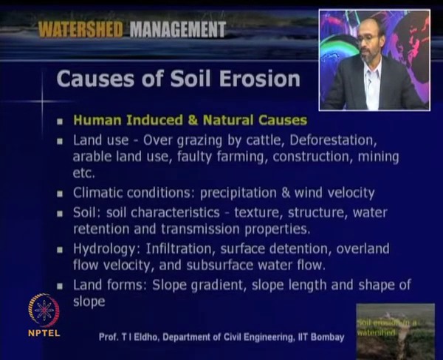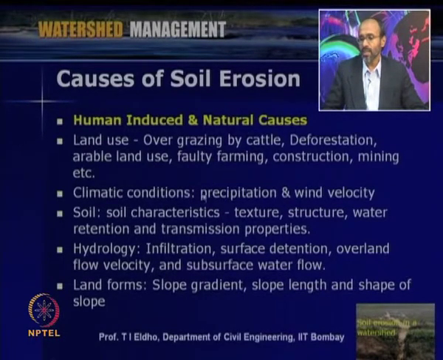Some of the important characteristics affecting soil erosion are the texture of the soil, the structure of the soil, and water retention and transmission properties. Then the hydrology of the locality of the watershed, like how much is the infiltration, surface detention, overland flow velocity, subsurface water flow, etc. These are some of the hydrological issues which cause soil erosion.